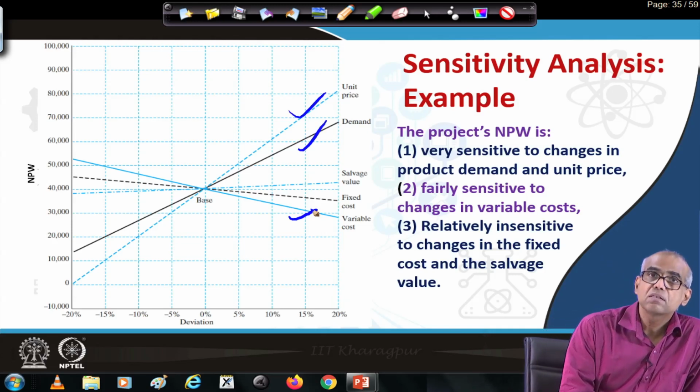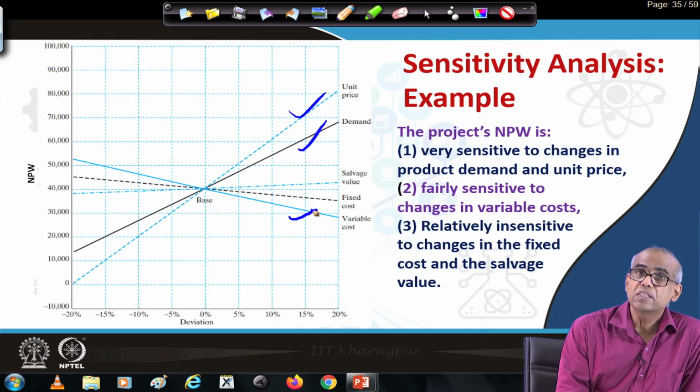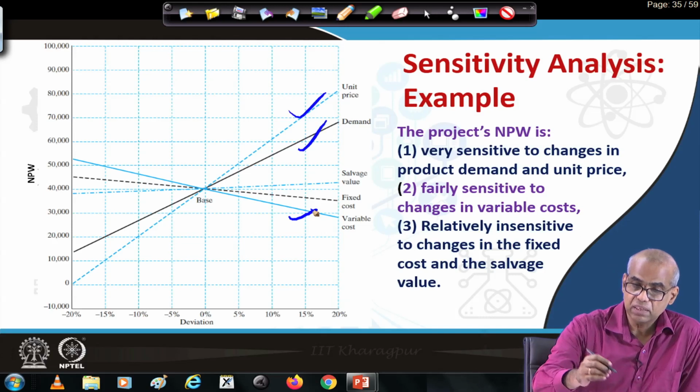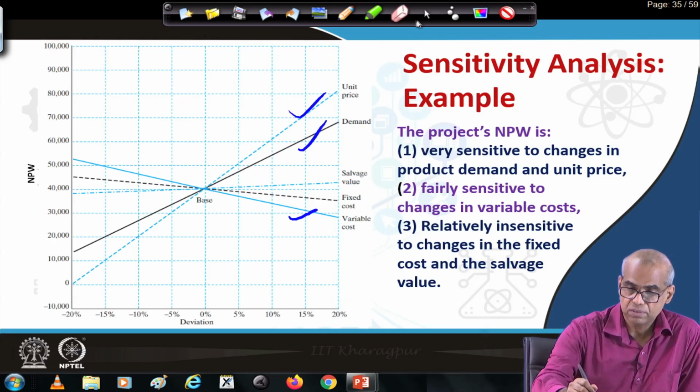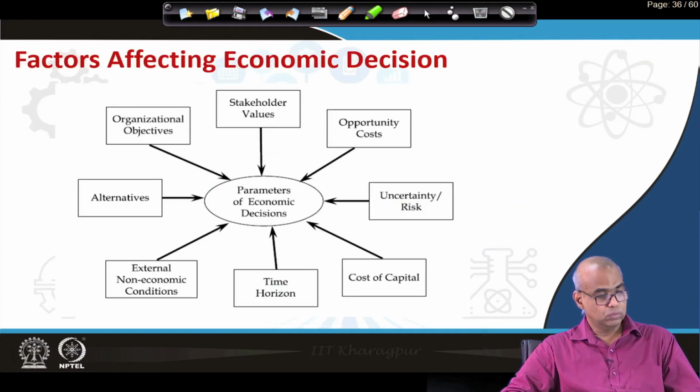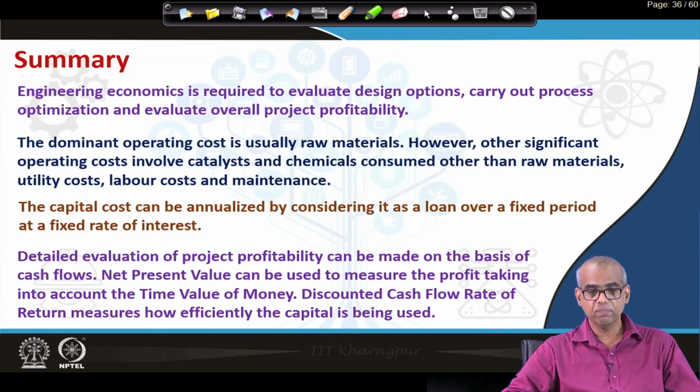So, the sensitivity of the project's profitability on various factors can be obtained by this sensitivity analysis. There are several factors which affect economic decision. We discussed quite a few of them.